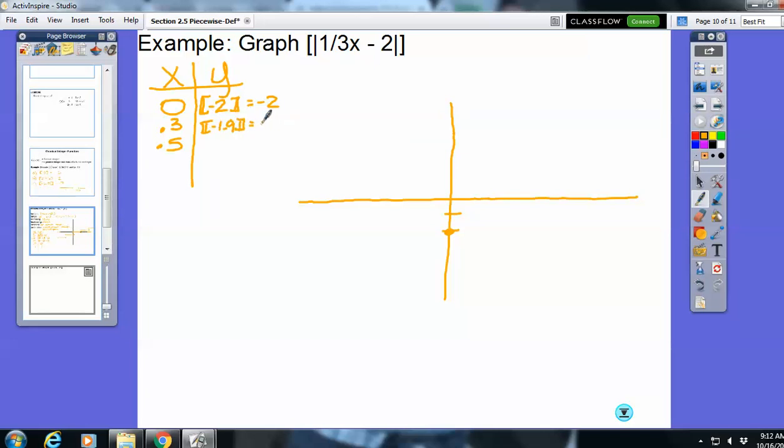So the greatest integer of negative 1.9 is negative 2. At 0.3, I'm still down here at negative 2. If I put in 0.5, 1/3 times 0.5 minus 2 is negative 1.83. So the greatest integer of that is still negative 2.